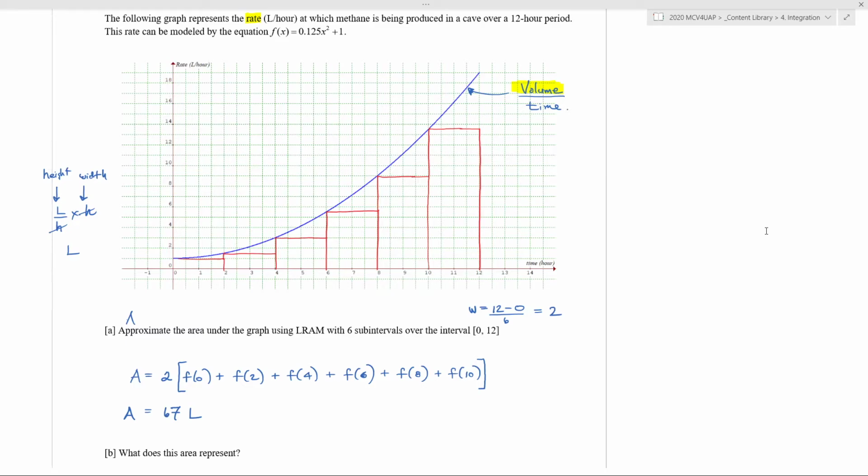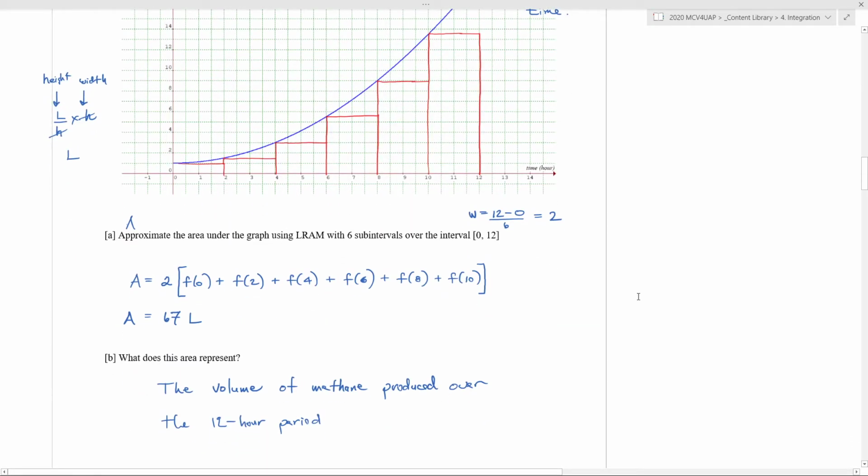I sub those numbers into the function, and when I add up the areas of those rectangles, I get 67 liters. So what that means is the area under the graph represents a volume. It's the volume of methane produced in the cave over the 12-hour period.